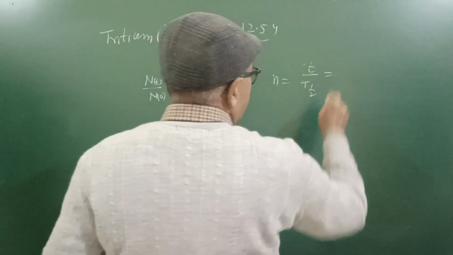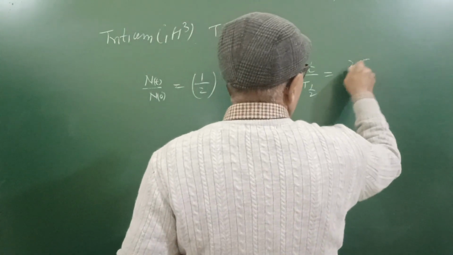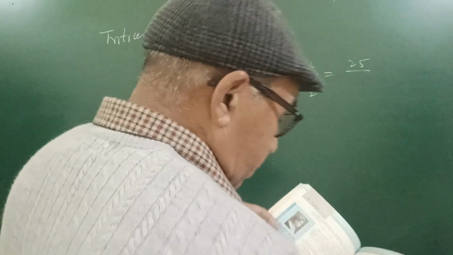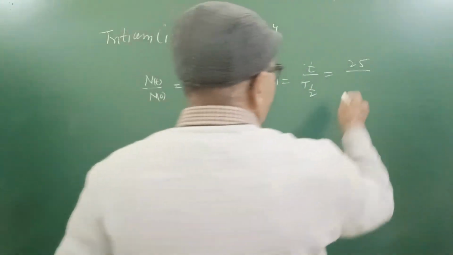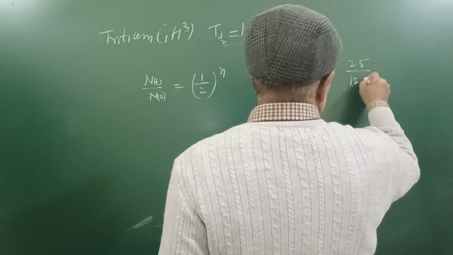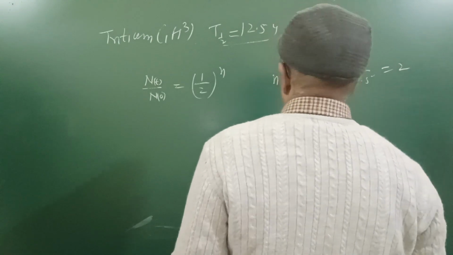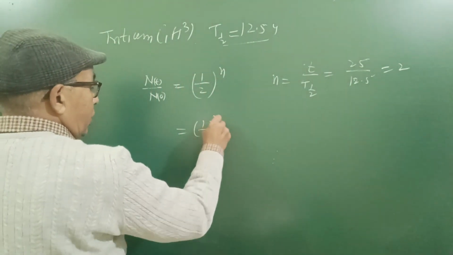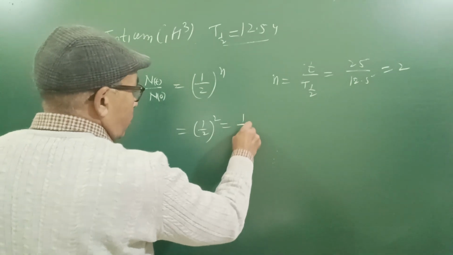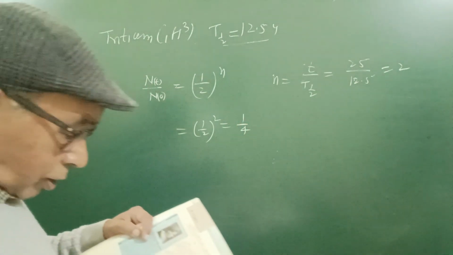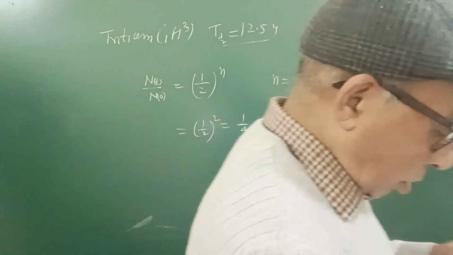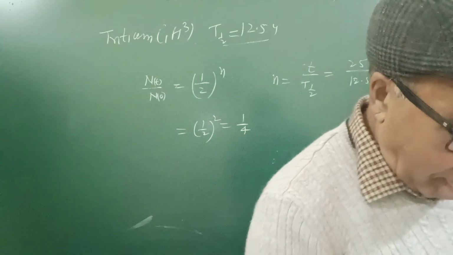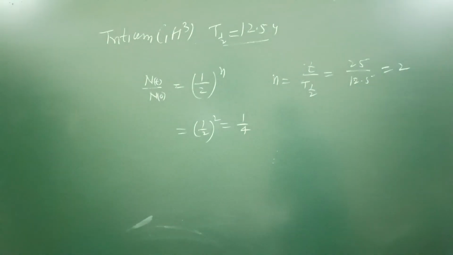Here T is 25 years and T half is 12.5 years, so n is 2. So it is 1 upon 2 squared, that is 1/4. The 1/4 will remain undecayed. Okay, brother?